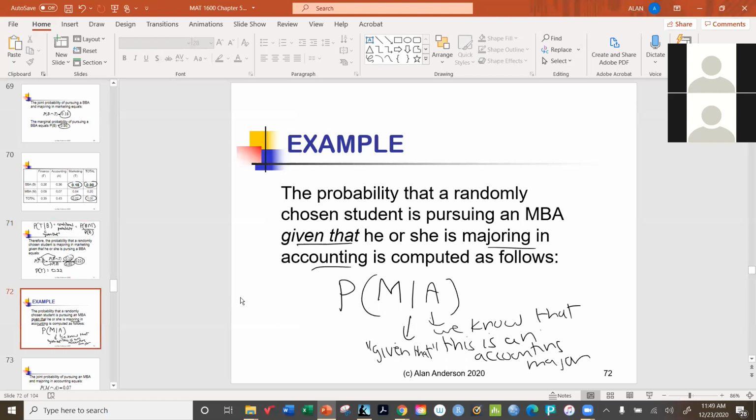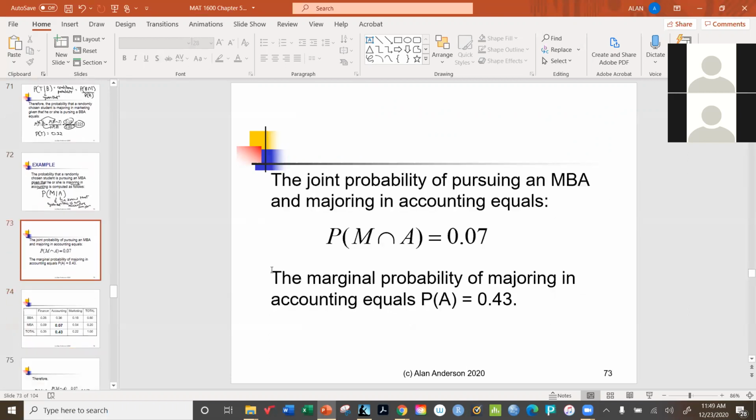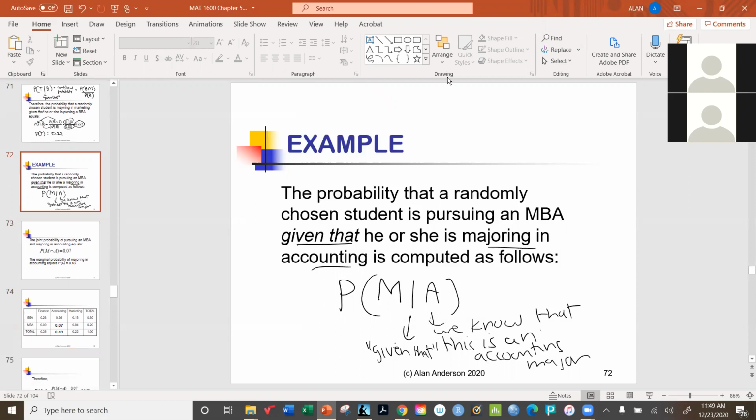All right, now we of course apply our formula, which is, oh, let me write it out here. So once again, we always have a joint probability in the numerator, M and A, and then this goes in the denominator.